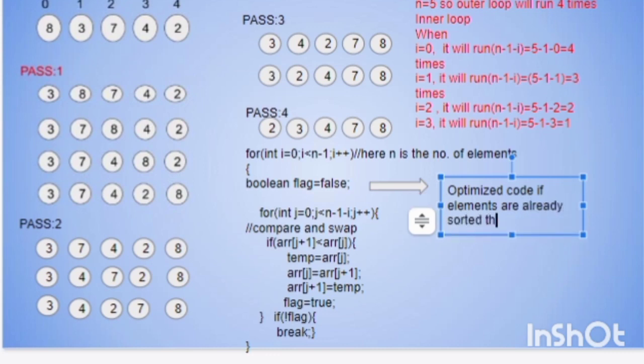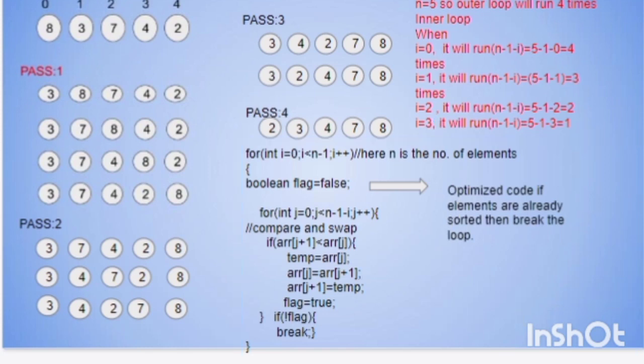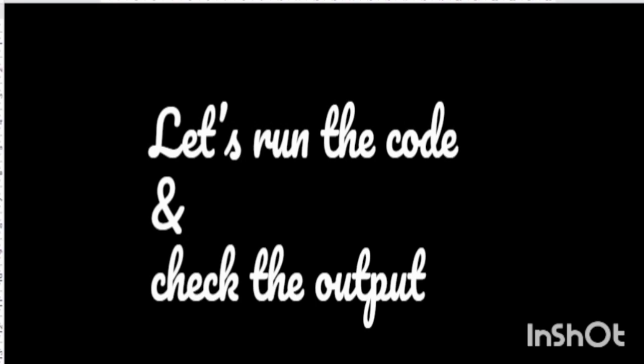Okay, so it will save your time. If the array is already sorted, then swapped remains false. So this if condition becomes true and your loop will break, you will come out of that loop. So you don't need to check multiple times. Okay, so in this way bubble sort works, and you might have understood this.